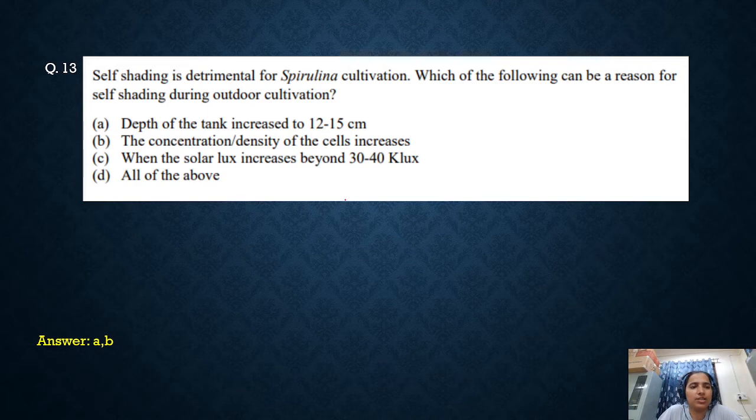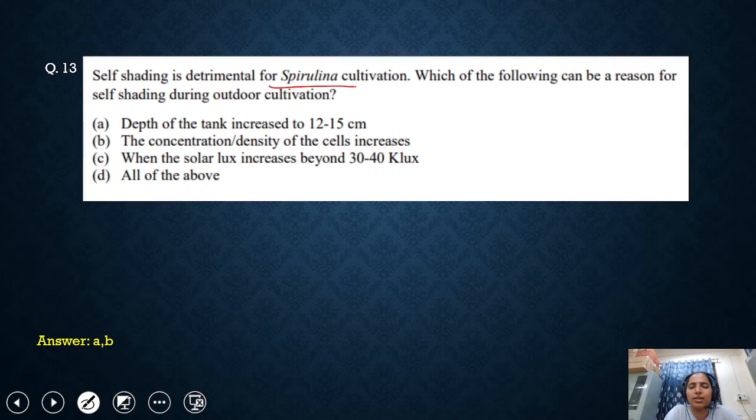Coming to the next question, self-shading is detrimental for spirulina cultivation. Which of the following can be a reason for self-shading during outdoor cultivation? So they are asking about spirulina cultivation.